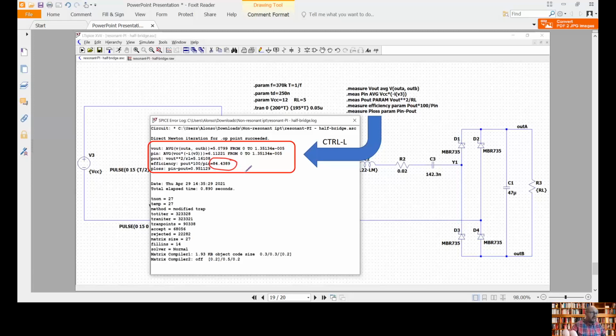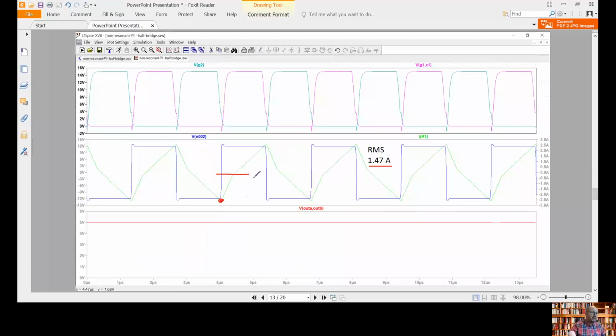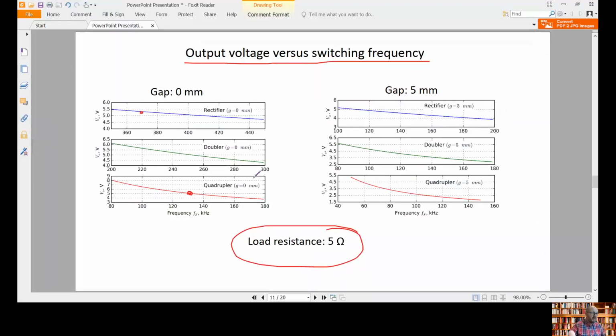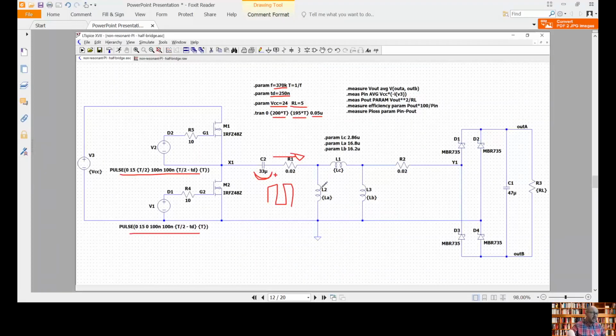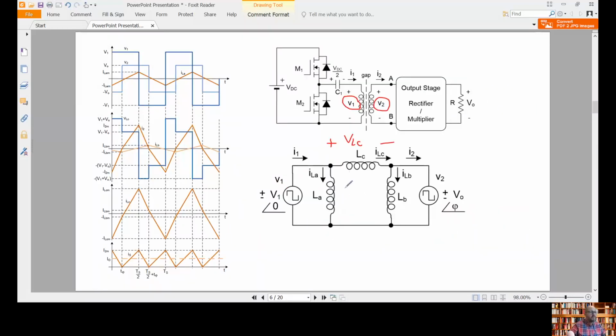But another advantage that we can have with the non-resonant operation compared with the resonant operation is that in our non-resonant circuit, let's look at this first circuit. Using this equivalent circuit, as we can see, we have this inductor here in parallel with a voltage source. So this current I1 is going to be at least always ILA.